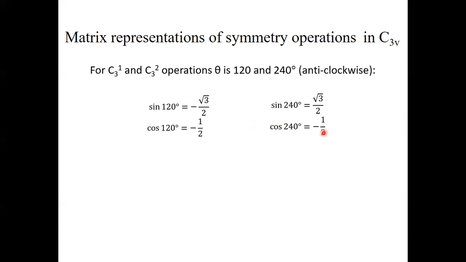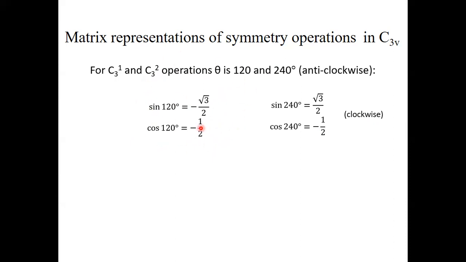So this refers to clockwise rotation. Okay, so 240 degrees anti-clockwise, which refers to a C32 operation, is therefore the same as 120 degrees clockwise rotation.